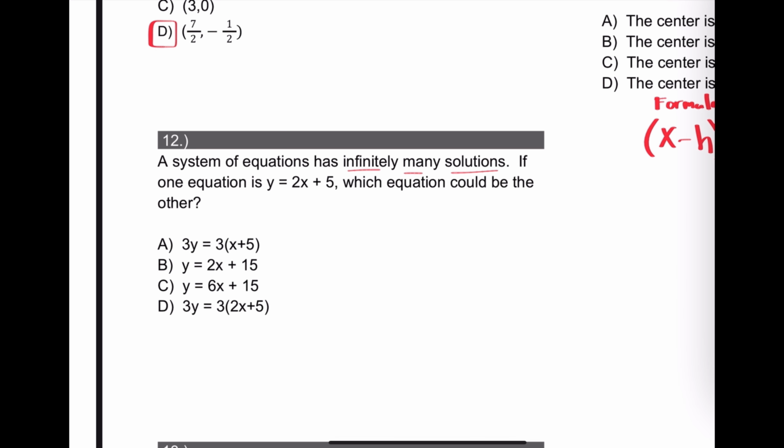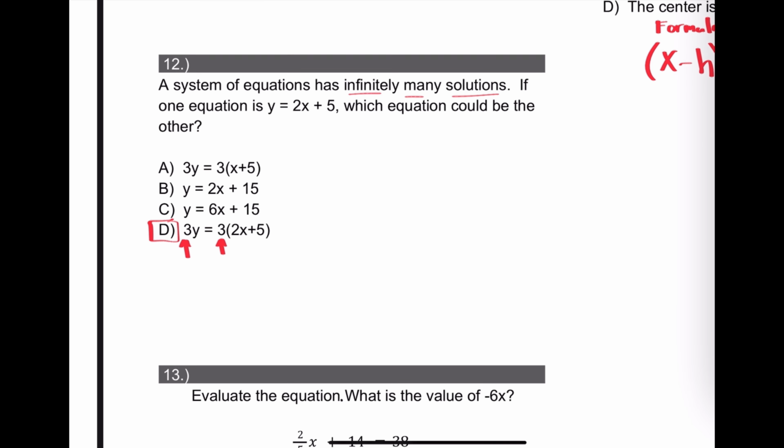So one of these other equations is actually the exact same as y equals 2x plus 5. We notice a lot of them have been multiplied by 3 in some capacity. D is the only one where y and 2x plus 5 have both been multiplied by 3, meaning it is proportionately the same. Okay, so D is your correct answer there.